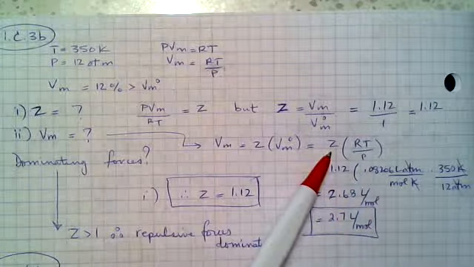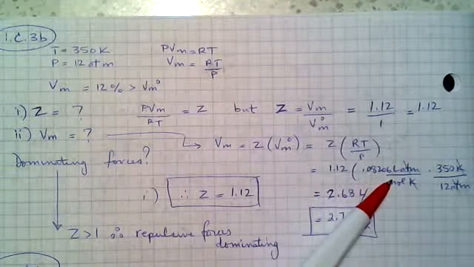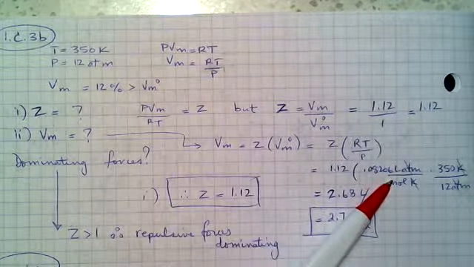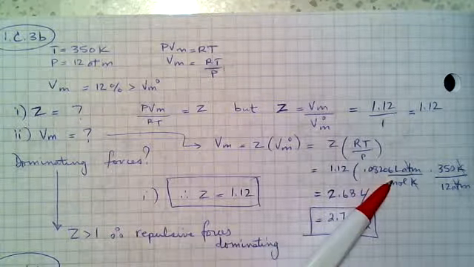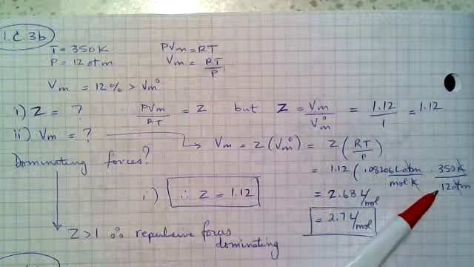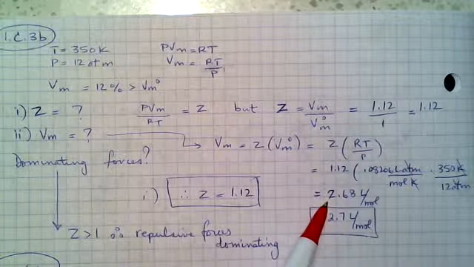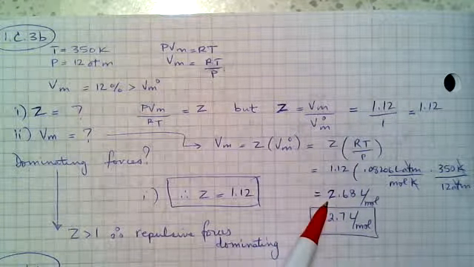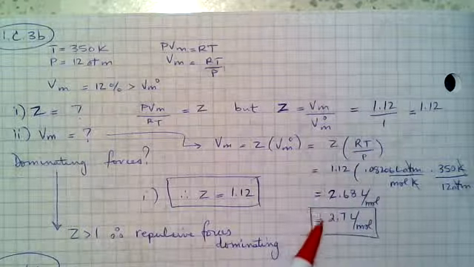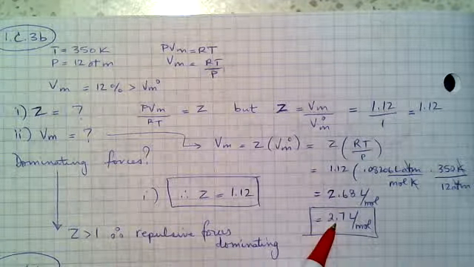It is equal to Z RT over P. There's my Z. The R that I'm using is 0.08206 liter atmosphere per mole Kelvin, so that my temperature is in Kelvin and my pressure is in atmospheres. I'll get a value of 2.68 liters per mole, which are the units that I want for molar volume. And I then trimmed it back to just 2.7.